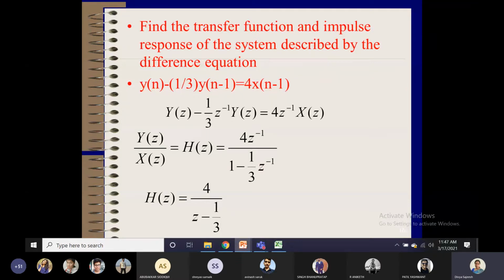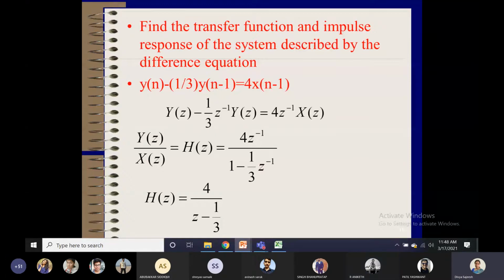What is the region of convergence for this equation? Will z be greater than or less than 1 by 3? Greater than 1 by 3.